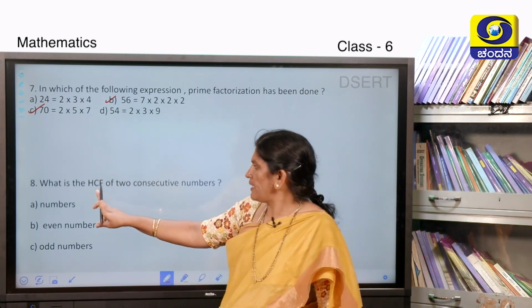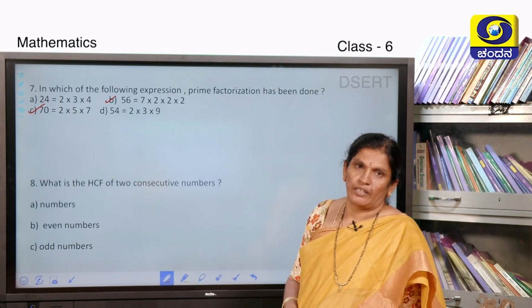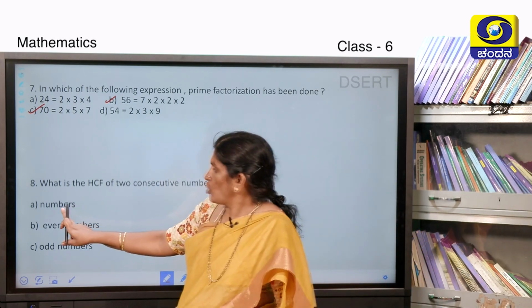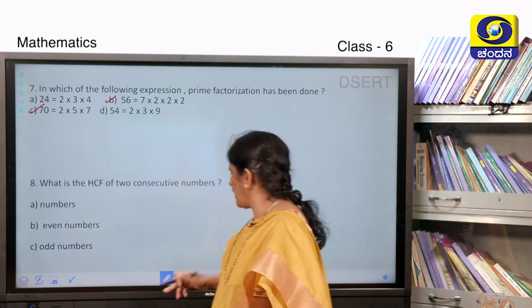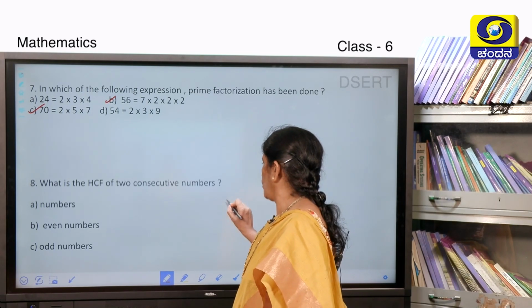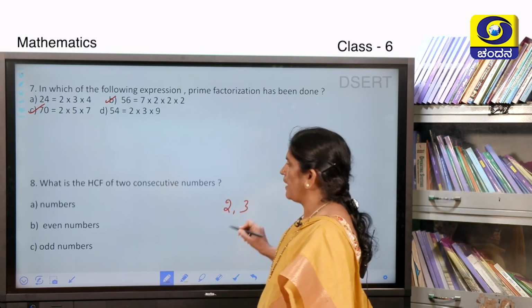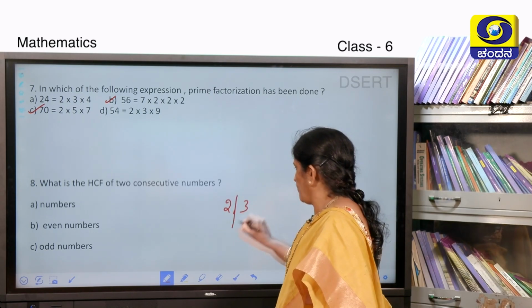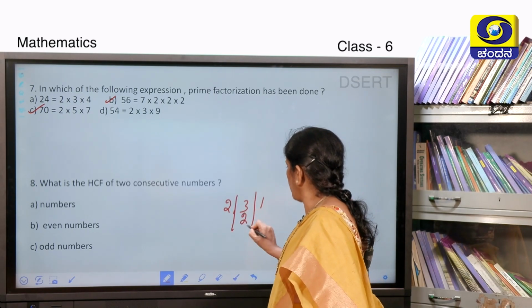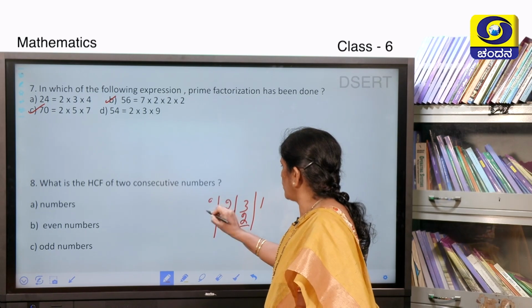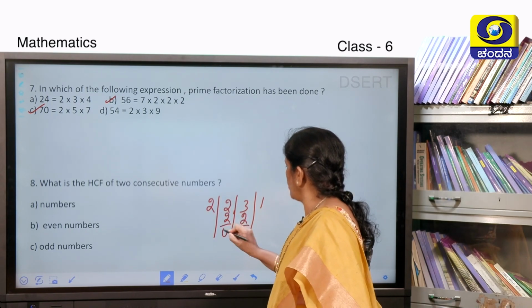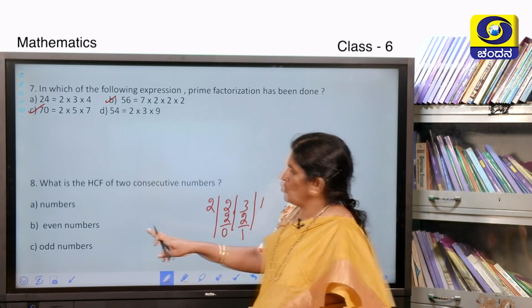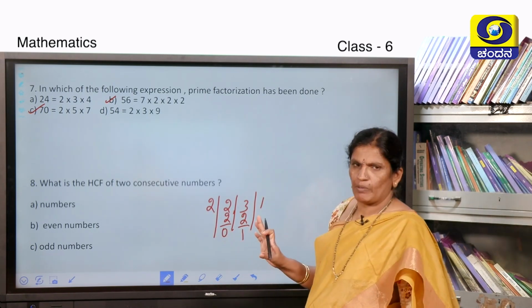Now come to: what is the HCF of two consecutive numbers? Let me take any two numbers, 2 and 3, HCF is 1. 2 1s are 2, remainder 1, again 1 2s are 2, remainder 0, HCF is 1. So, any two consecutive numbers you take, the HCF will be 1.